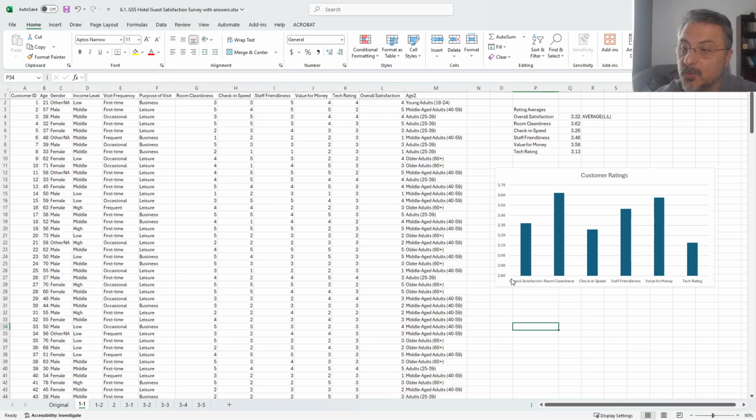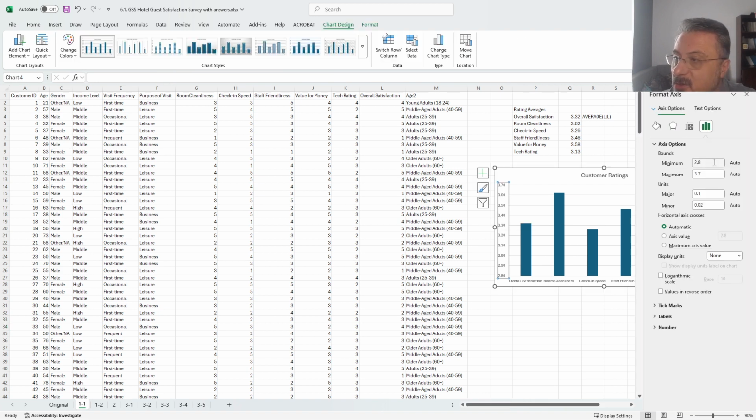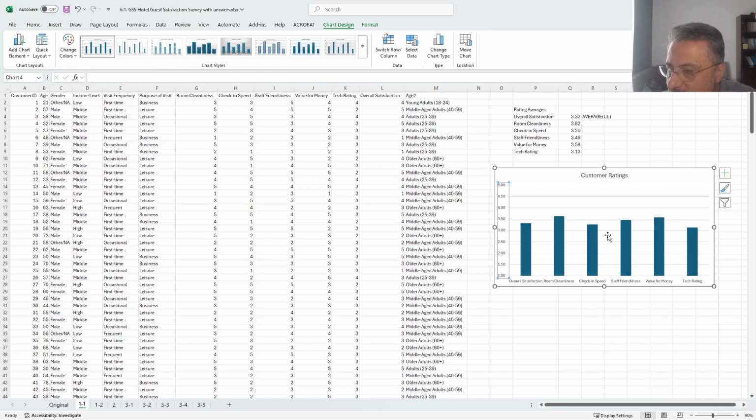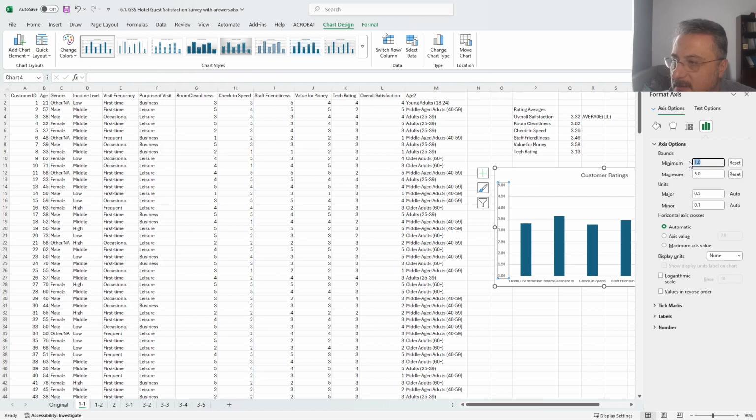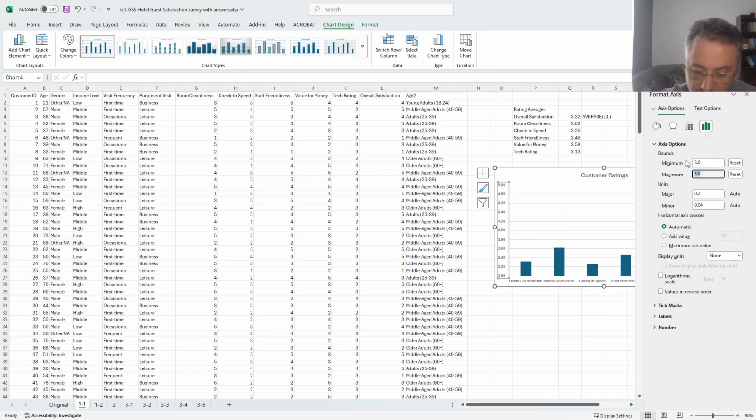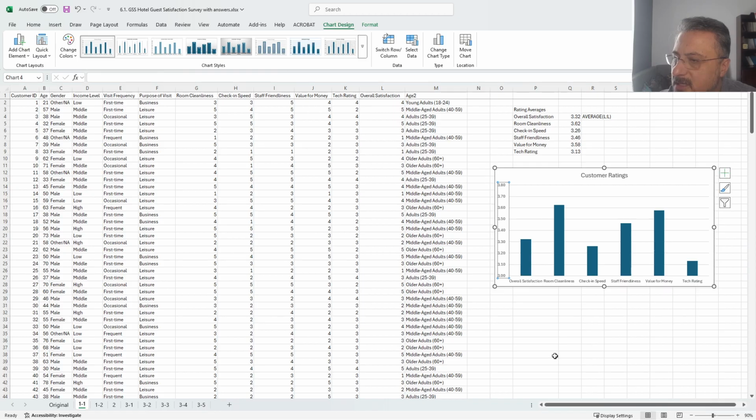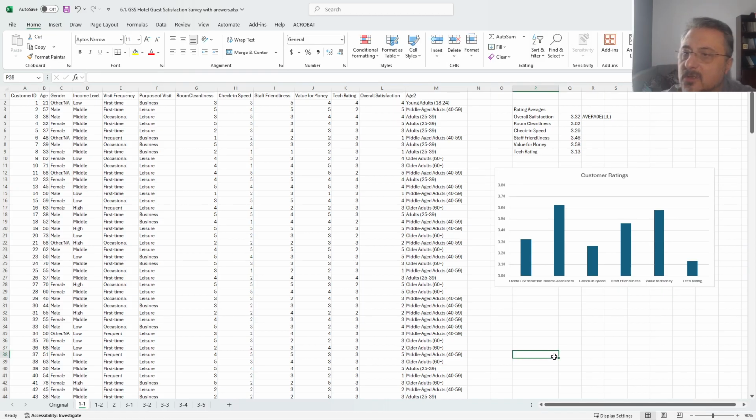That's why we started from 2.80 to 3.70. If we change it to 1 to 5, which is what we are supposed to do, this becomes less obvious, right? So we want to see the differences, and that's why we made some changes. You can arrange it any way you want, but I forgot the highest point. It was 3.8. You can arrange it any way you want to show the small differences.